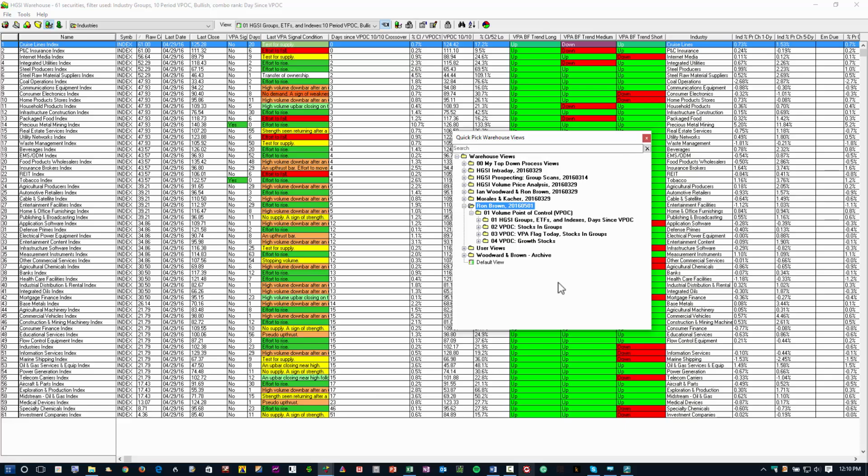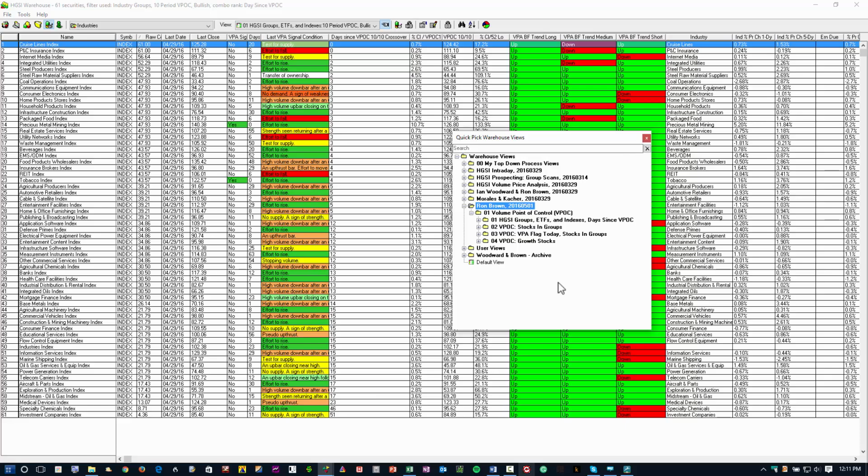My goal going forward is to simplify what we have in HGSI. There is a tremendous amount of power in this program, but it can be overwhelming. So like I said, going forward, I plan to try to make these processes as simple as possible to help you find candidates quickly.